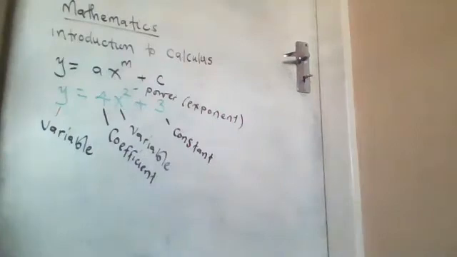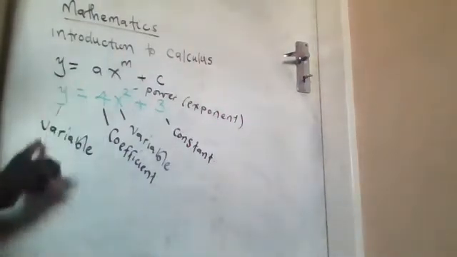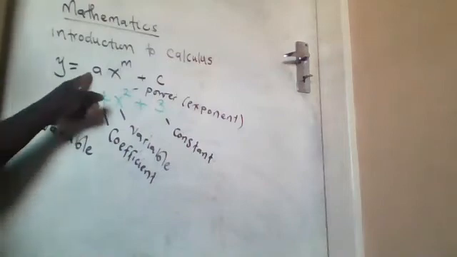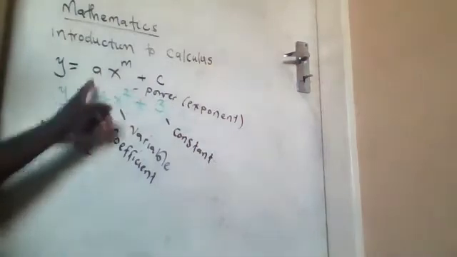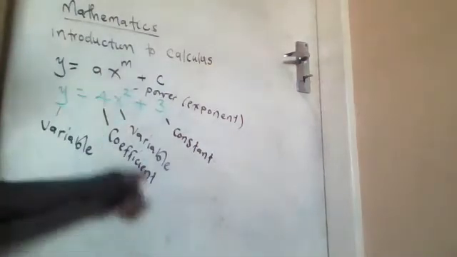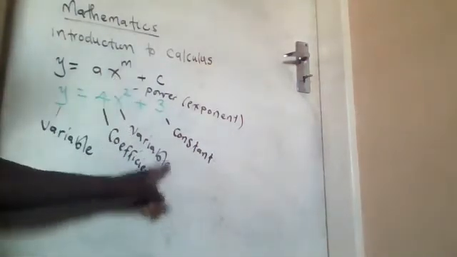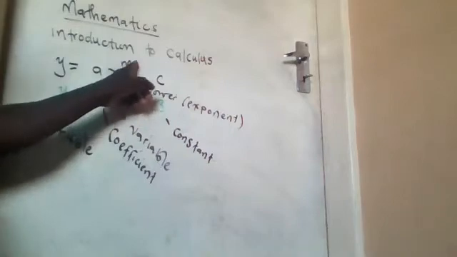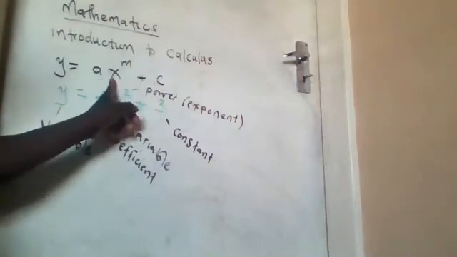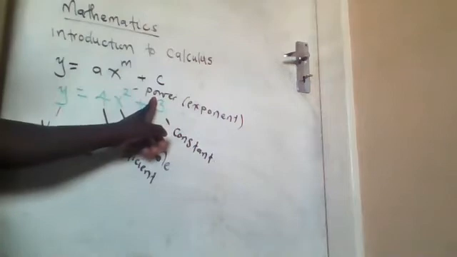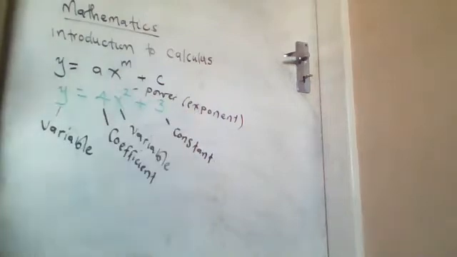That is the introduction that we're going to have. So y is a variable, the y variable. Then a, in our general equation, is standing in for a coefficient. x is the x variable, and then m, the one written on top of the variable, is called a power, or also called the exponent.